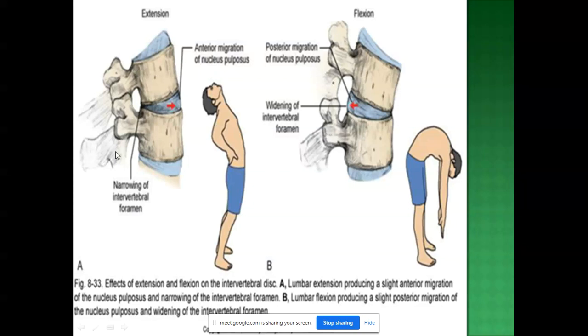So when we are performing the extension movement, the vertebral body is moving anteriorly. When we are performing the flexion movement, the vertebral body and the intervertebral disc are moving posteriorly. That is why, depending on whether it is anterolisthesis or retrolisthesis, we have to decide the treatment protocol, whether we will give flexion exercise or extension exercise.